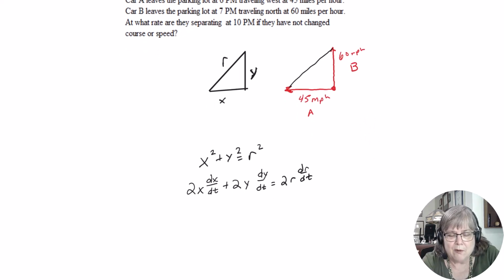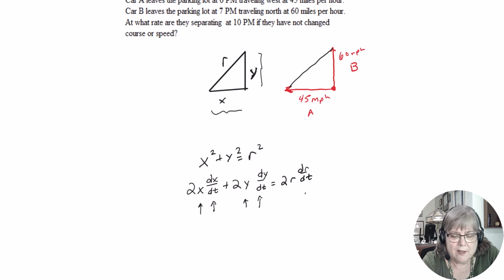So what I'm going to need to know is the x and y distance that they get to, right? I need to know how far they've traveled in the x direction and how far they've traveled in the y direction. I also need to know how quickly they're moving in the x direction, which I actually know, that's 45 miles an hour, and how quickly they're moving in the y direction, that's 60 miles an hour, so I know those, right?